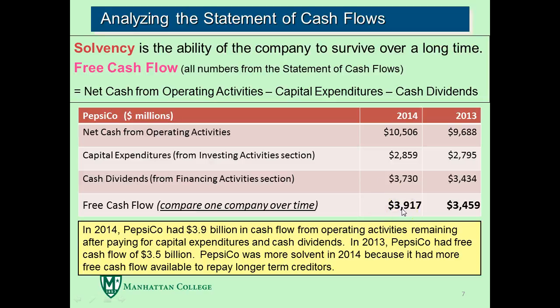So PepsiCo generated $3.9 billion of free cash flow in 2014 versus $3.5 billion in 2013. It was more solvent because it had more free cash flow in 2014 to repay longer-term creditors after paying for capital expenditures and dividends.